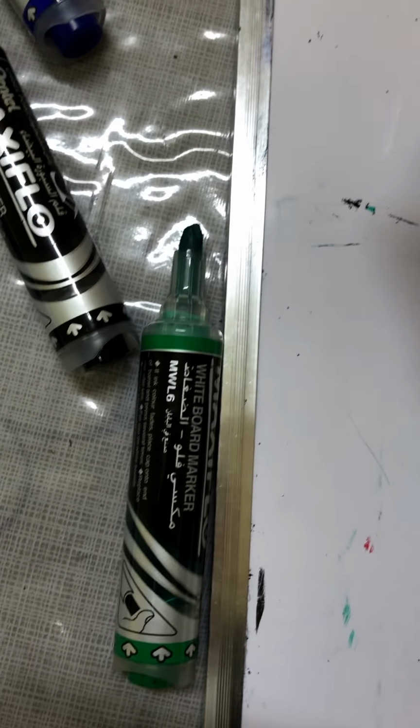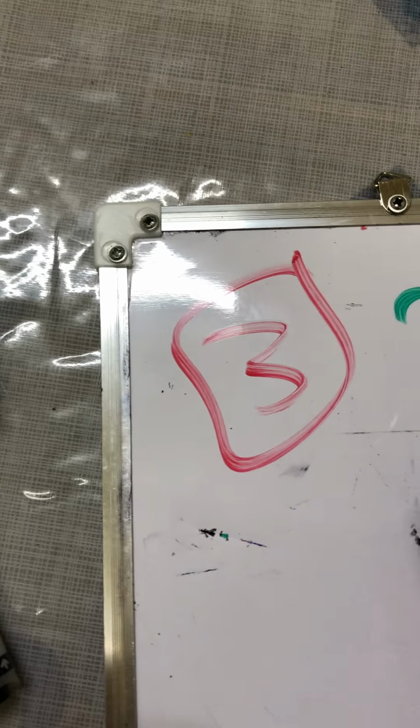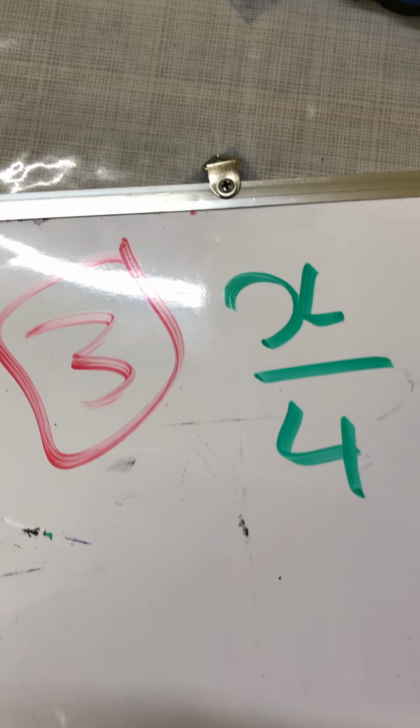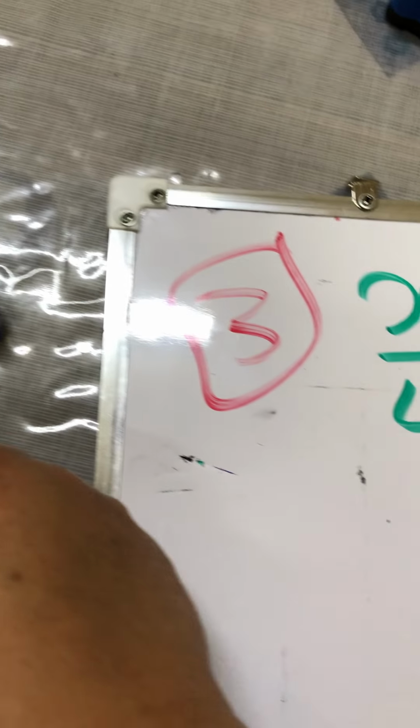I'm still in exercise 3, page 188. Question number 3. I have x over 4 equal half. What are the denominators I have?